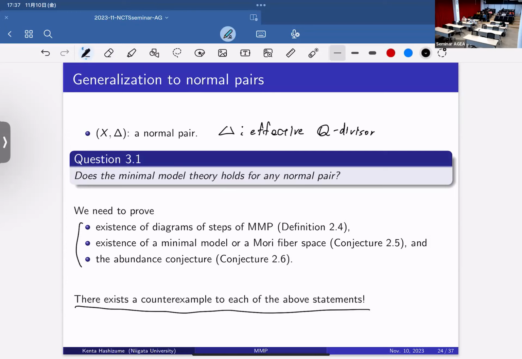So you don't assume the coefficients to be less than one? No, some coefficients can be greater than one.